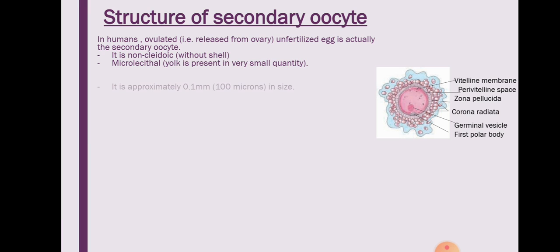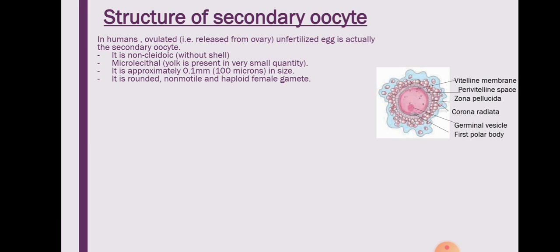In a hen's egg you can see a ball of yellow yolk, but in the human egg very little yolk is present. It is approximately 0.1 millimeter or 100 microns in size, a rounded, non-motile haploid female gamete.